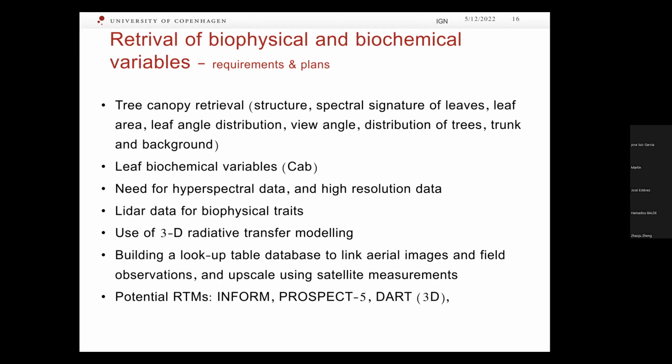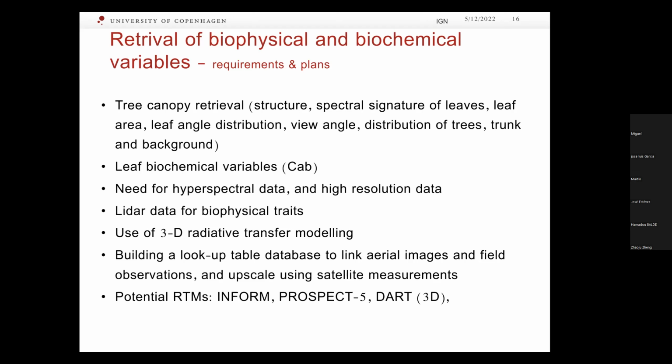We have LiDAR measurements, but they are from airborne, which is also a bit coarse, so we are thinking about trying to see if we can get hyperspectral data, also the LiDAR measurements of course, coupled with the hyperspectral data so that we can simulate the data we are using now.